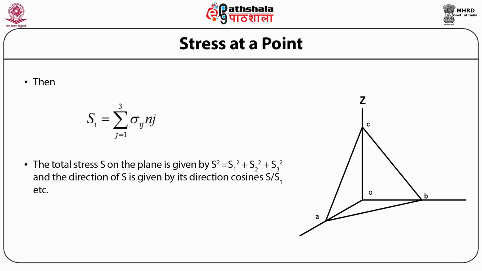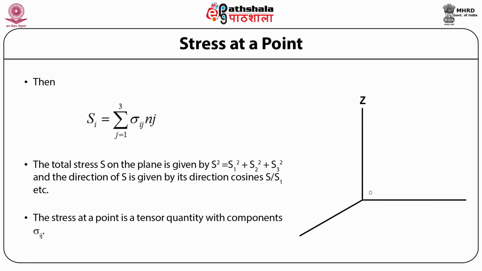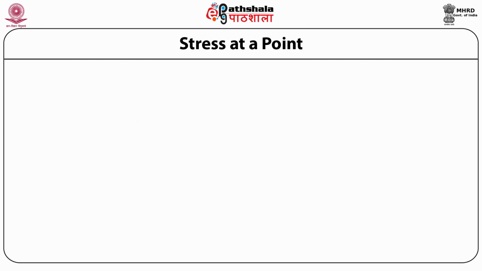So the total stress S on the plane is given by S square equal to S1 square plus S2 square plus S3 square, and the direction of S is given by its direction cosines S1 by S, etc. So it turns out that the stress at a point is a tensor quantity with the components sigma ij.